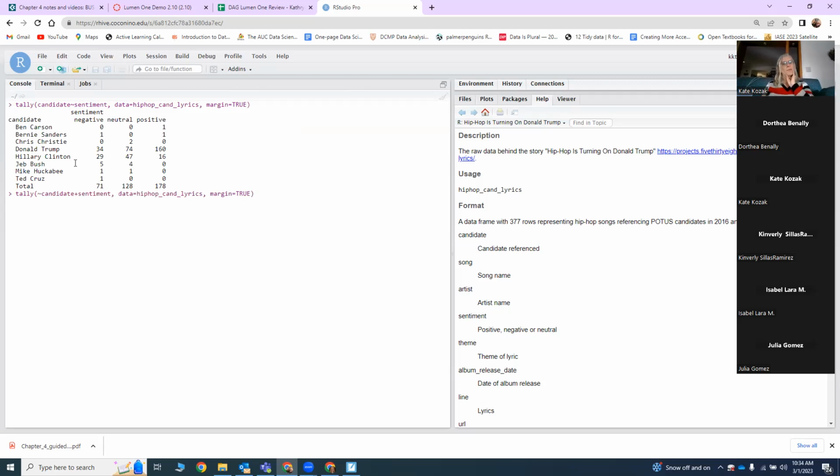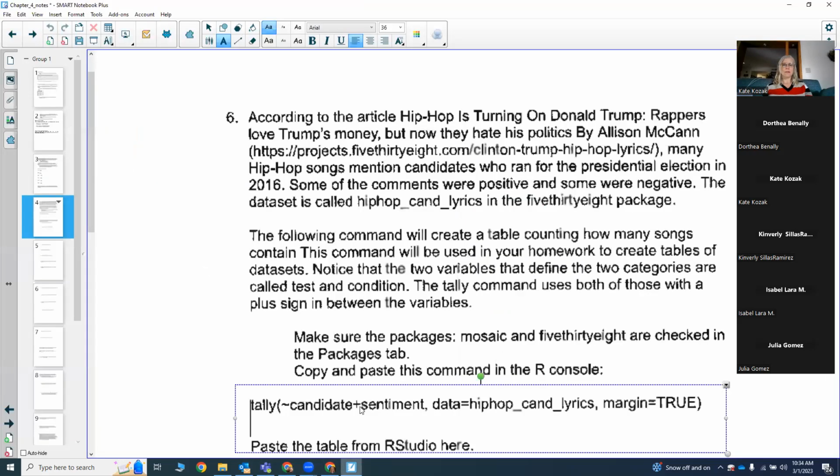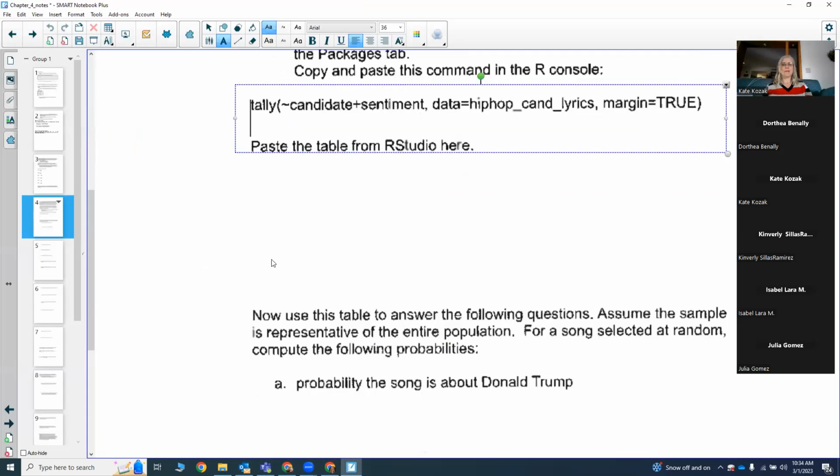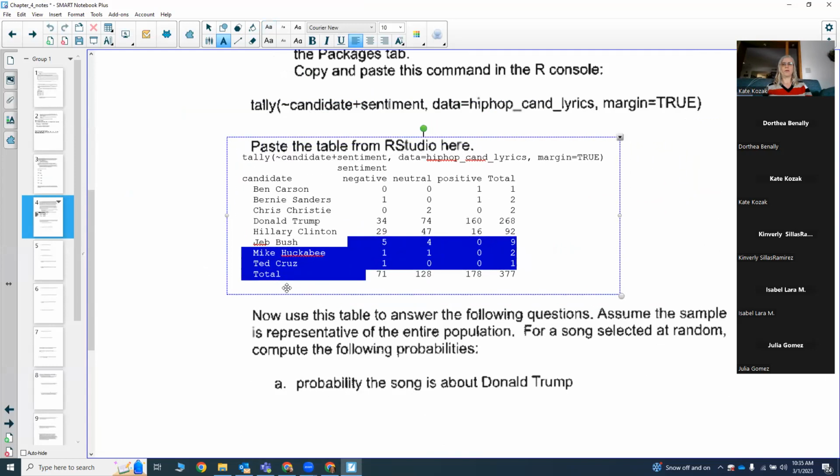The tilde at the start and a plus in between. I want to take the candidate plus the sentiment, and it gives me the exact same piece that I got before. I just wanted to show you can do it differently. So when I do this command, I now get all of this information. So we're going to go back over here into my notes. That's the last thing I need of the RStudio. I'm going to paste it here, and we won't need to use RStudio again.